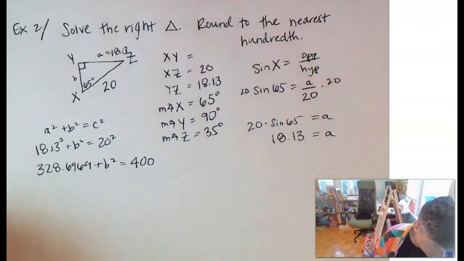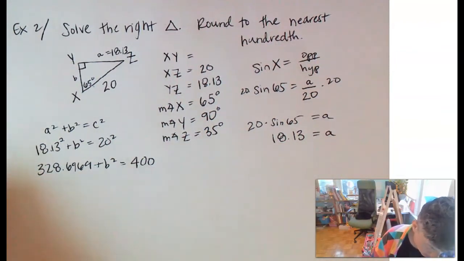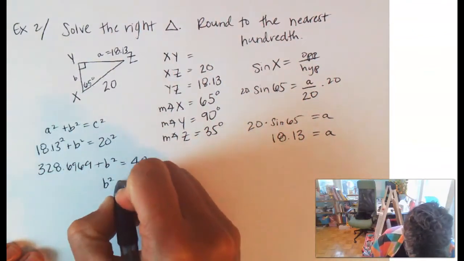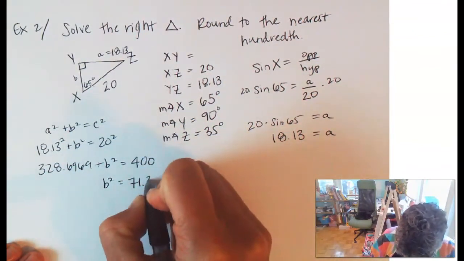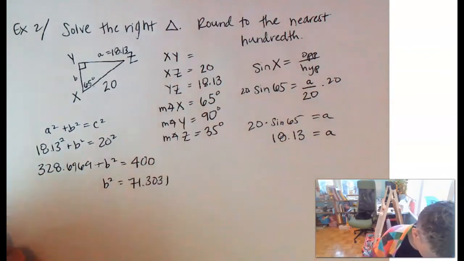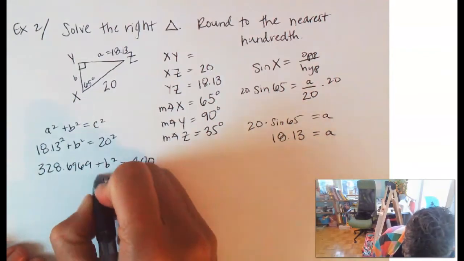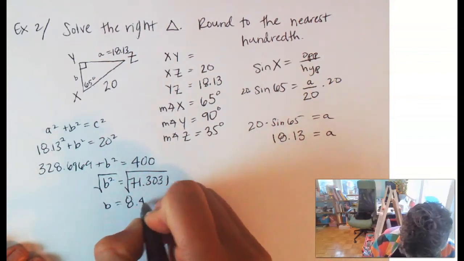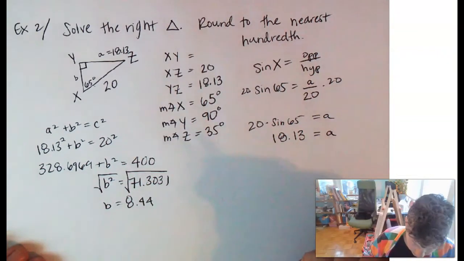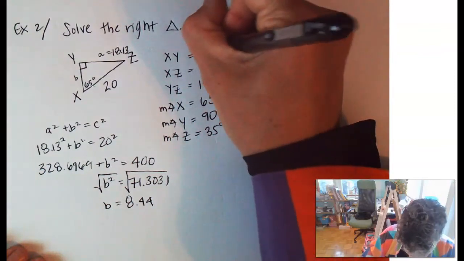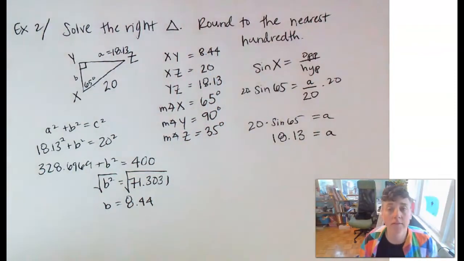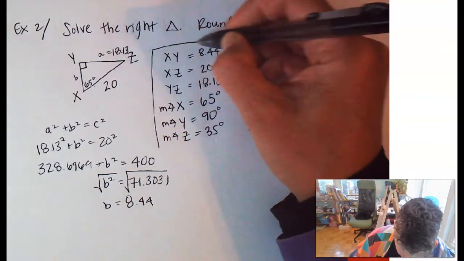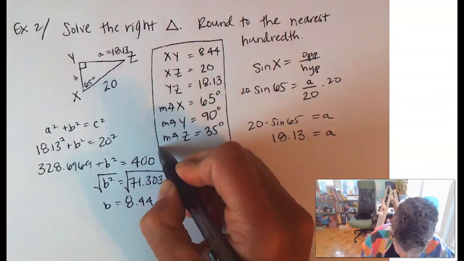So 400 minus 328.6969 equals B squared, which is 71.3031. Now we're going to square root both sides. So B will equal 8.44 if we round to the nearest hundredth. 8.44. So there is our solved triangle.